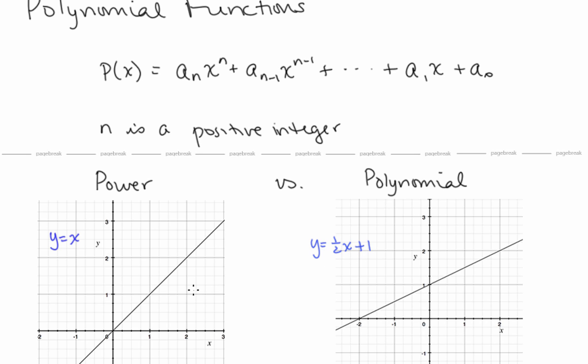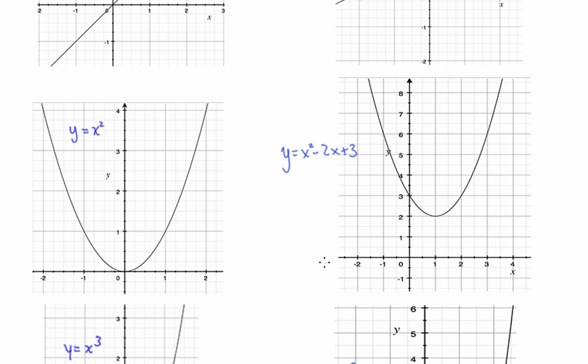So this is our basic power function, and here we realize the slope can change and the intercept can change. Here's our basic parabola y equals x squared, and here, for example, is y equals x squared minus 2x plus 3. And we realize with the polynomial function, the vertex can change, and also we could see some vertical stretching if I had changed the coefficient of x squared.